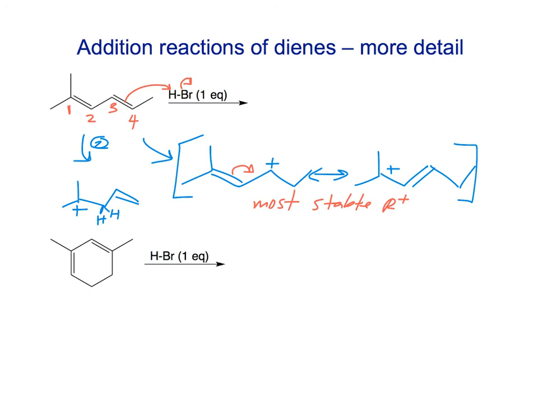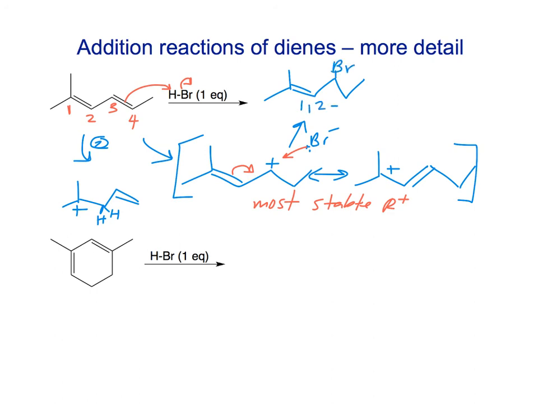So now let's draw the 2 products, right? The 1,2 and the 1,4 products. Okay, so if the bromide reacts at this end of the carbocation, right, that's going to give us the 1,2 product because the H went on the one just next to it. All right, so this is going to put the bromine here.